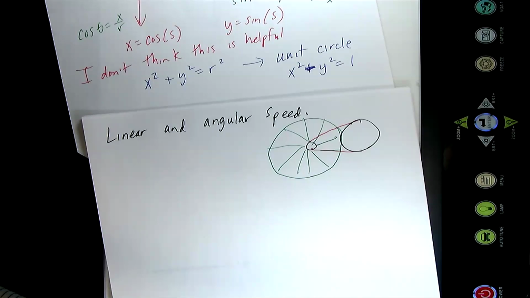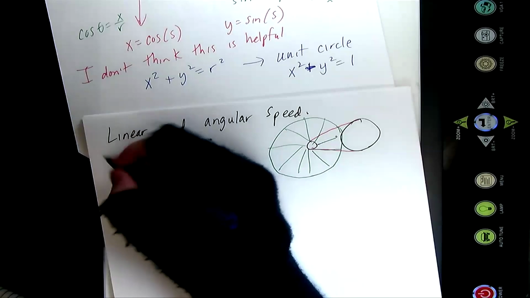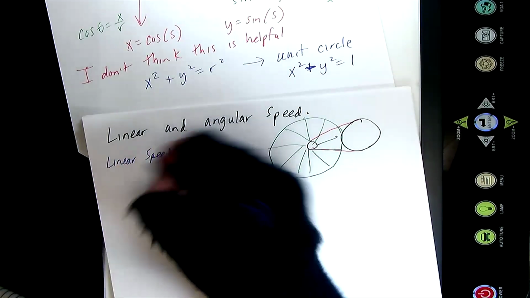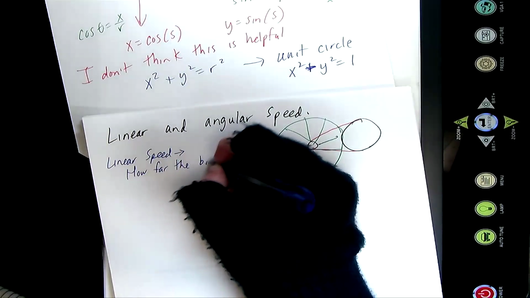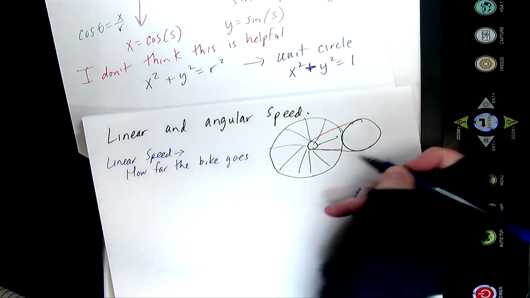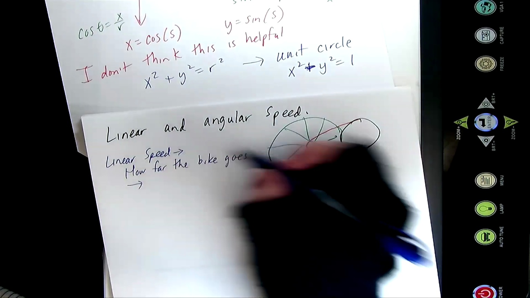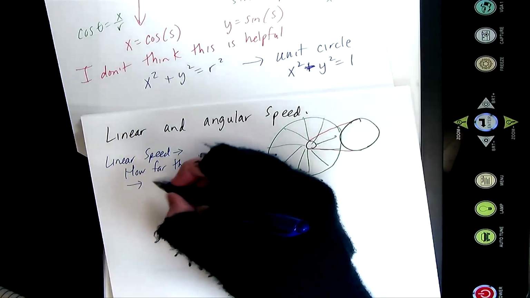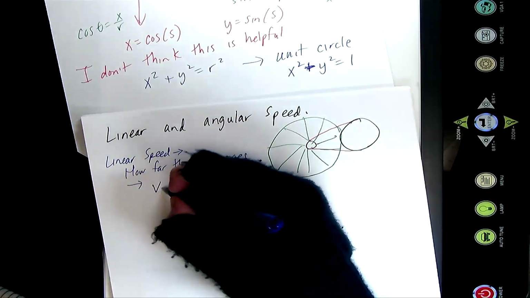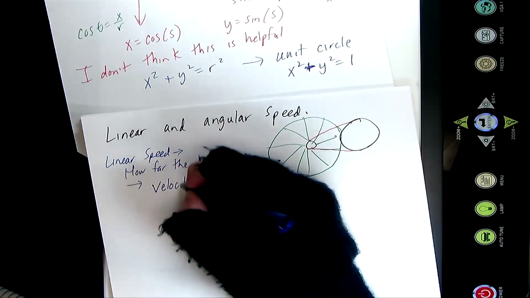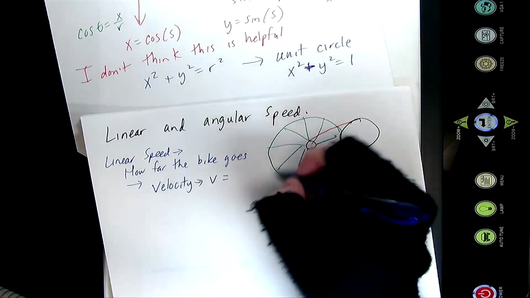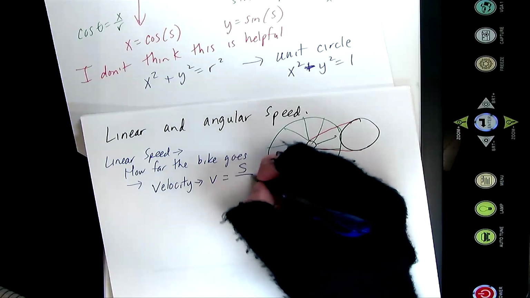So like linear speed, just so you can get a difference in your head. Linear speed is how far the bike goes. For something like this, we're gonna use the word velocity. We use V for it. It is the arc length over time.